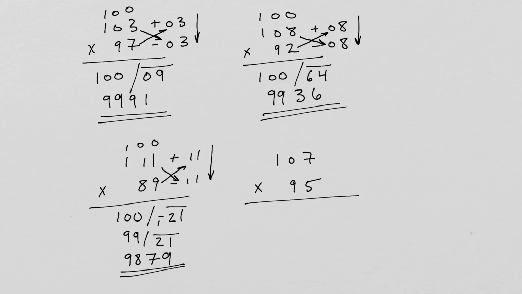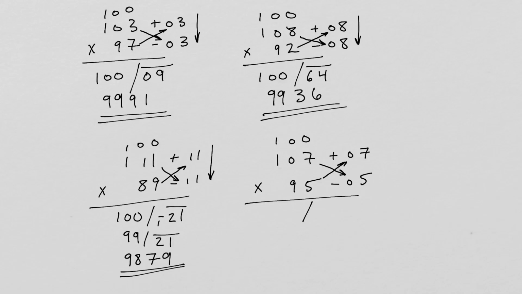Okay, last problem, 107 times 95. From base number 100, we'll say 107 is plus 7 difference. 95 is a negative 5 difference. Okay, our left-hand side, I think it's easier, 107 minus 5.